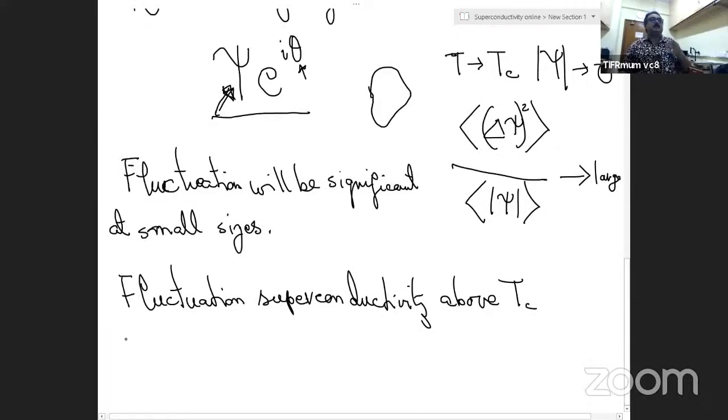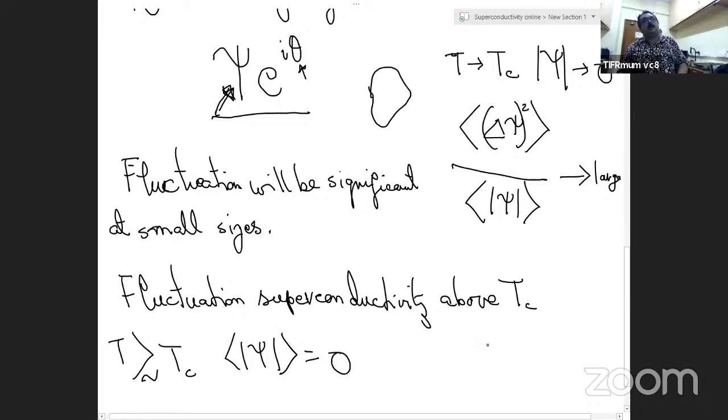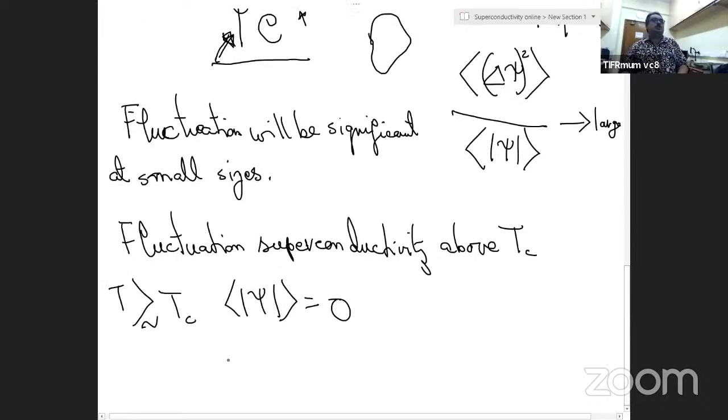And what is the manifestation of that? Above Tc, for T greater than but not very much greater than Tc, for a small particle I have this average order parameter that is 0.